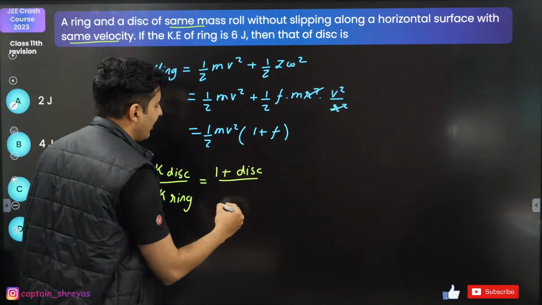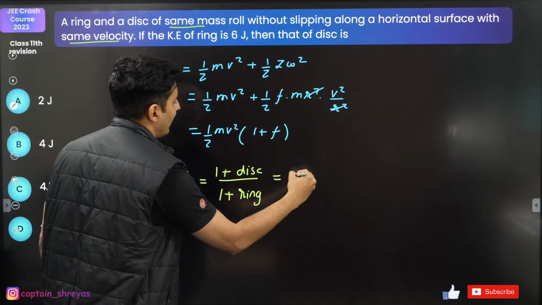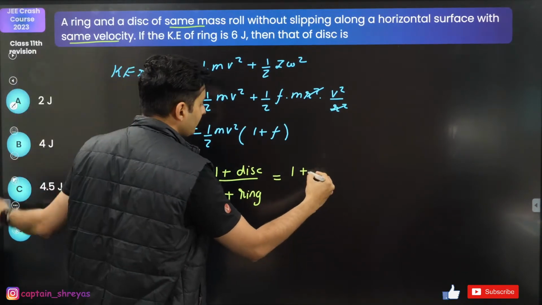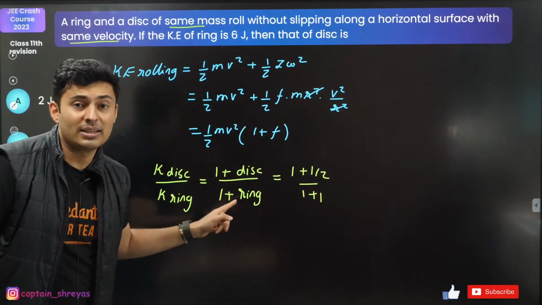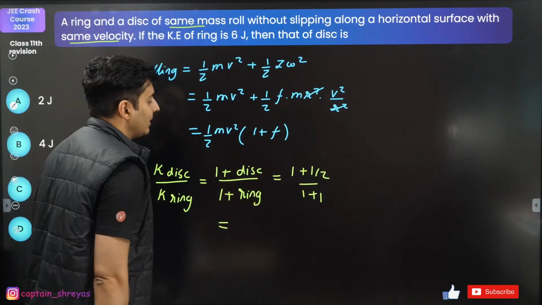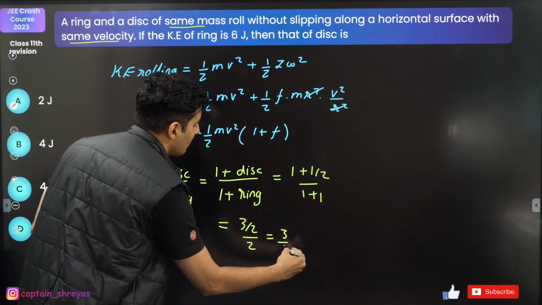So in the disc the factor is just 1 by 2. For the ring it is just 1. That's it. Remember the formula for disc, half mr square. For ring, 1 mr square. That's the number factor. This will be 3 by 2. This will be 2. So this will be 3 by 4.